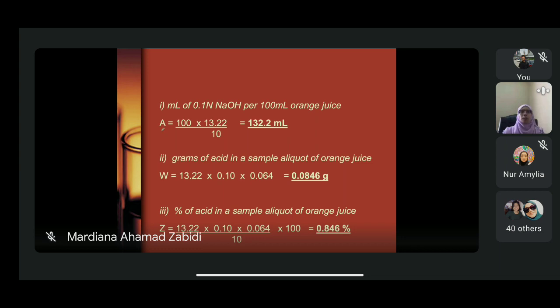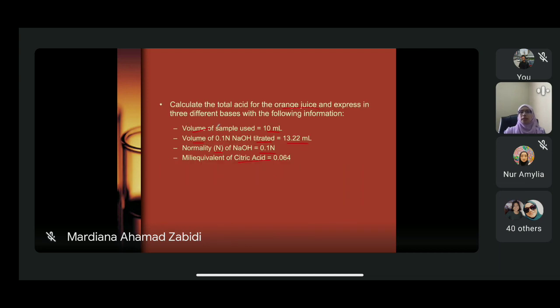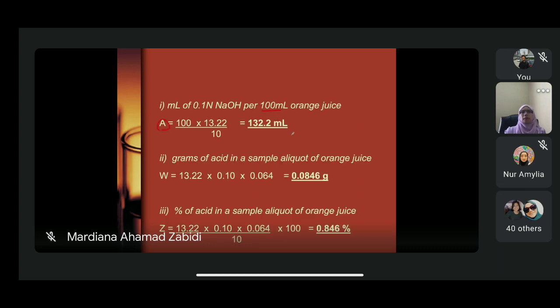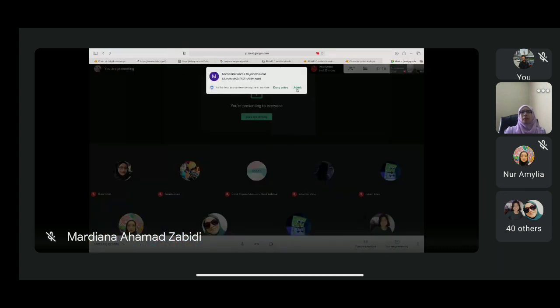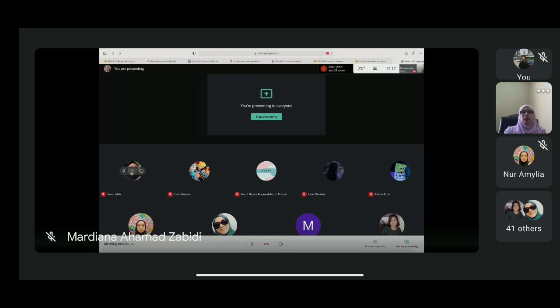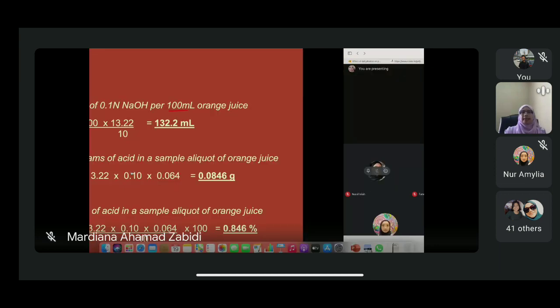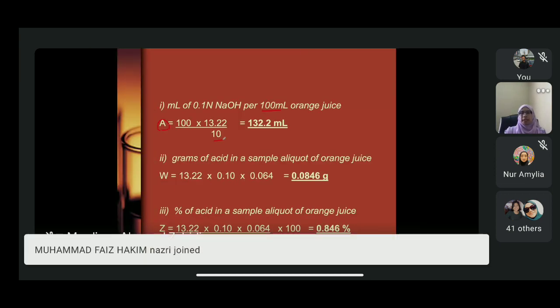Okay, so for milliliter, this one A, very straightforward. The 100 is already given, because per 100 ml of orange juice, times by 13.22. 13.22 is the volume of sodium hydroxide being titrated. And then divide by 10. 10 is the volume of your sample that is being used to conduct the titration.